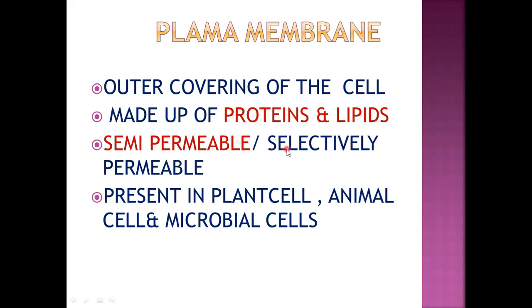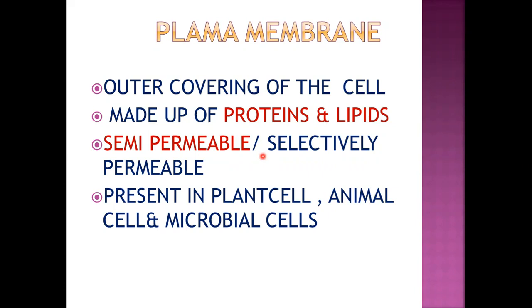Semi-permeable or selectively permeable means plasma membrane allows only selected molecules to move into the cell or out of the cell. So, semi-permeable or selectively permeable because it selects the molecules which can go into the cell or go out of the cell.